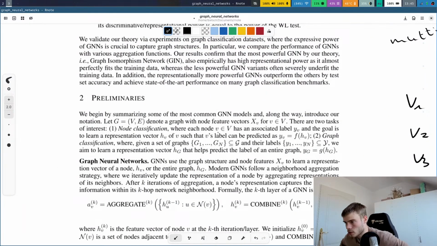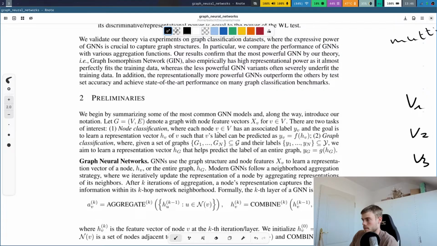So 2, graph classification, where given a set of graphs G1 to Gn, an element of the set of graphs, and their labels Y1 to Yn, which is part of the label set, we aim to learn a representation vector Hg that helps predict the label of an entire graph.